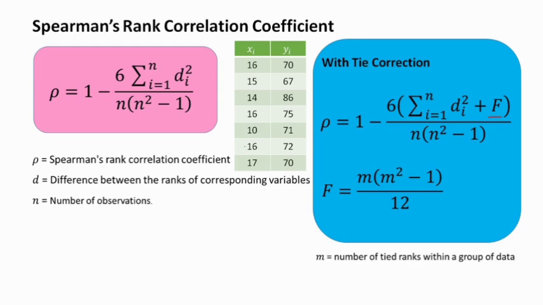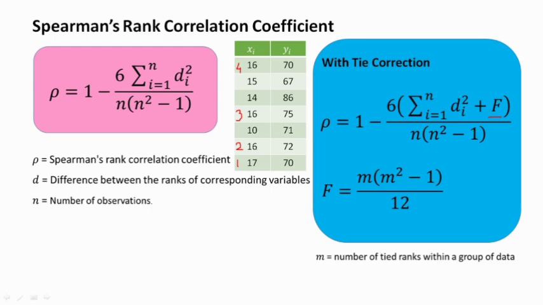We give rank number 1 to 17, because this is the highest value, and then we give rank 2 to 16. But here you can see that there are more than one 16s, meaning more than one data value is the same. So we give the ranking as usual, giving ranks 2, 3 and 4 to the 16s.